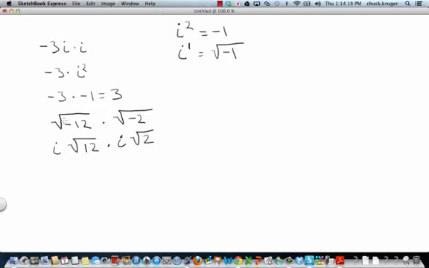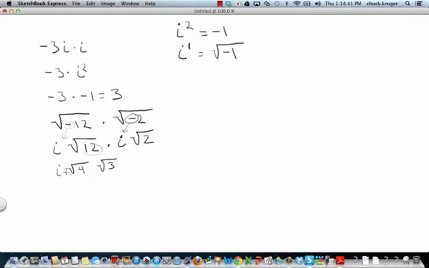So the negative signs that were inside this radical became i. The negative sign that was inside this radical became i. And then there is a perfect square that's a factor of 12. It's called 4. So now I have the square root of 4. 4 times 3 is 12, and 3 is not a perfect square.